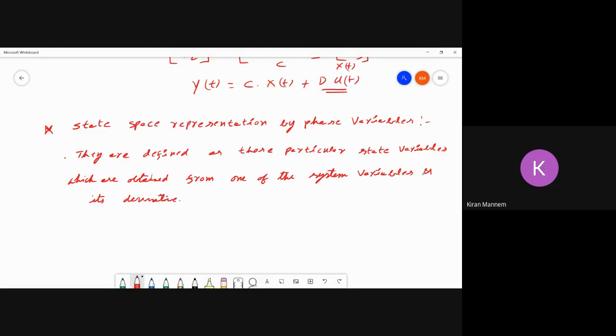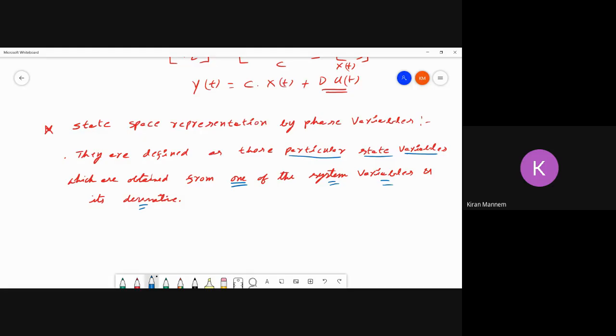We use this definition to obtain phase variables. So what are the key points here? They are defined as particular state variables. They are also state variables, but very particular ones, obtained from one of the system variables and its derivatives.